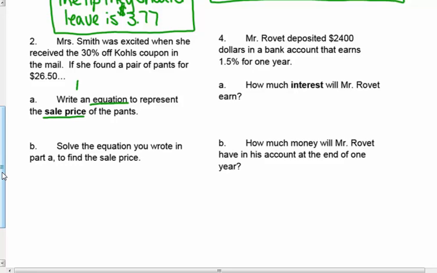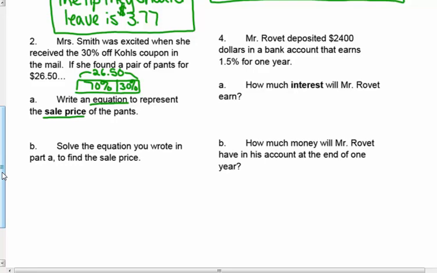So if I bar modeled just that part of it, the total cost, this whole bar, the pants cost $26.50. Mrs. Smith has a 30% off coupon, which means she's going to pay 70% of this.